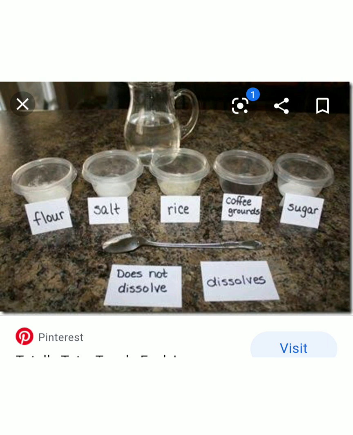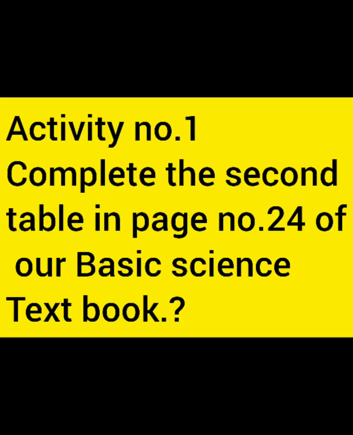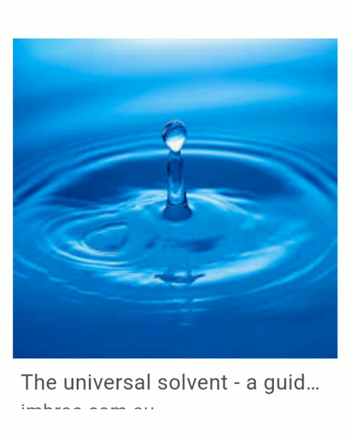Let's have our first activity. Activity number 1. Complete the second table on page number 24 of our basic science textbook. It will be easy for you. Am I right? Most of the solutes dissolve in water. Am I right?